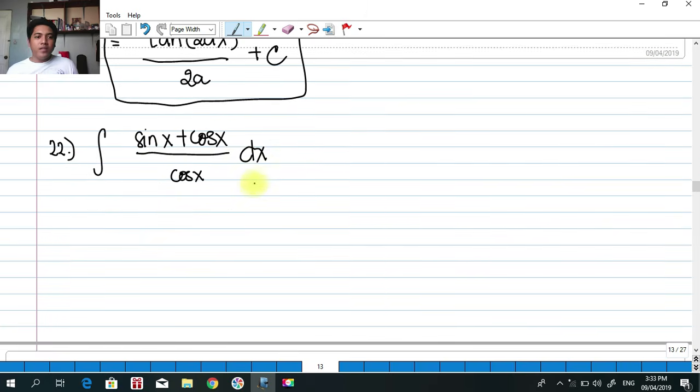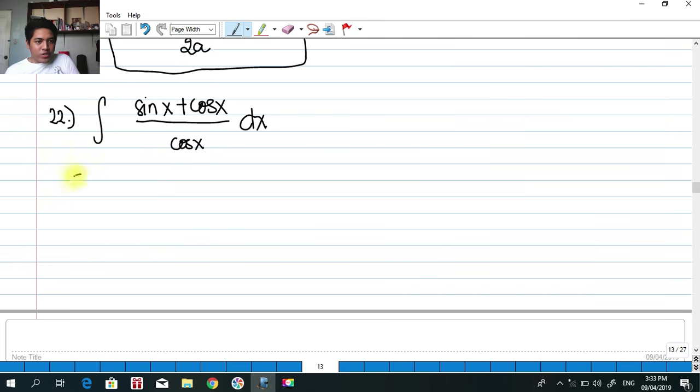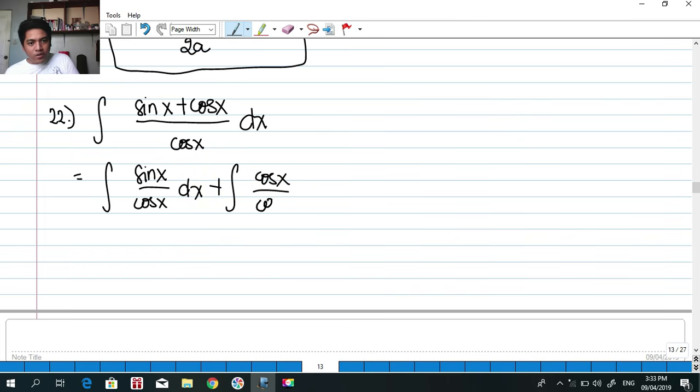Remember, we can split this expression as the integral of sine x over cosine x dx, I forgot the dx here, plus the integral of cosine x over cosine x dx, which turns out to be 1. The integral of sine x over cosine x is the integral of tangent x dx according to identities. Cosine x over cosine x is simply 1, so that will be the integral of dx.